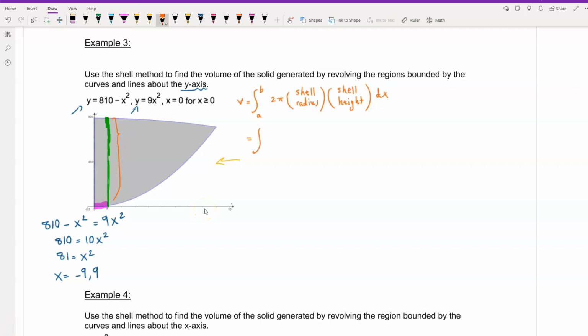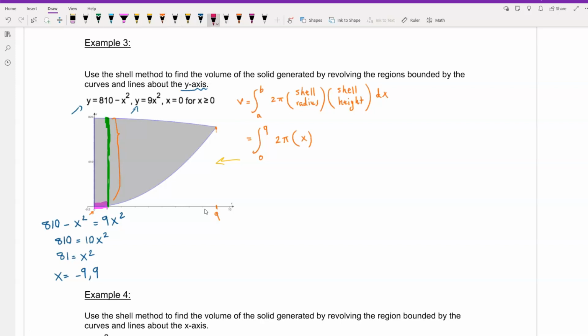The interval of integration is from this point 0 up to this point, which is 9. Based on what we have here we have +9, so it's from 0 to +9, times 2 pi times shell radius, which is x.